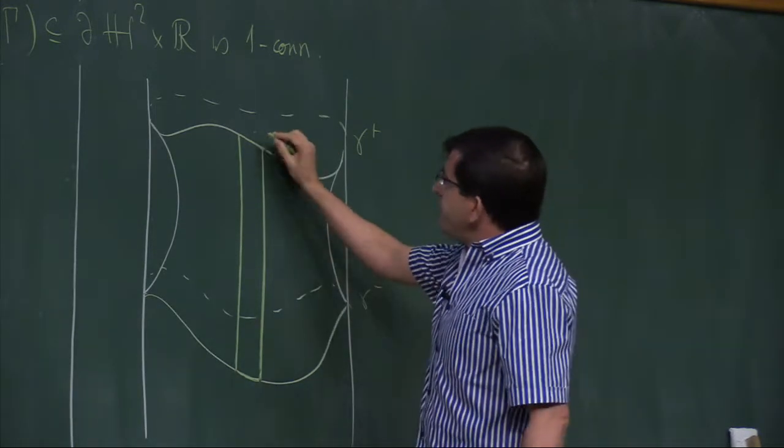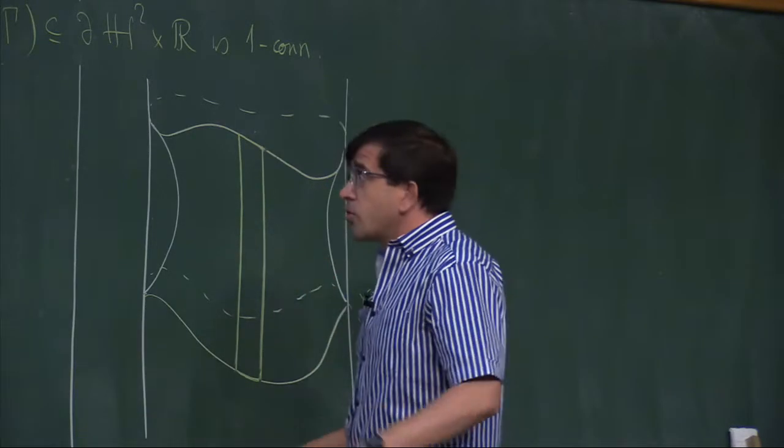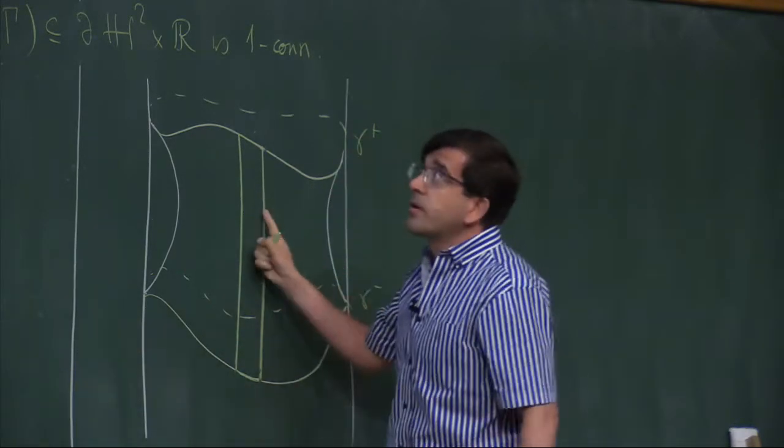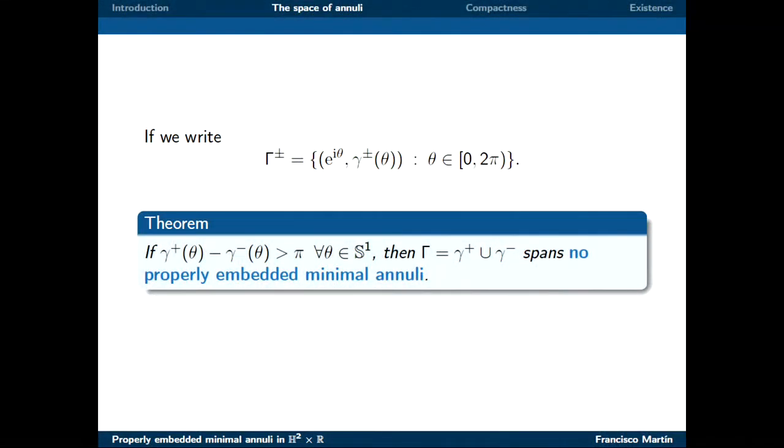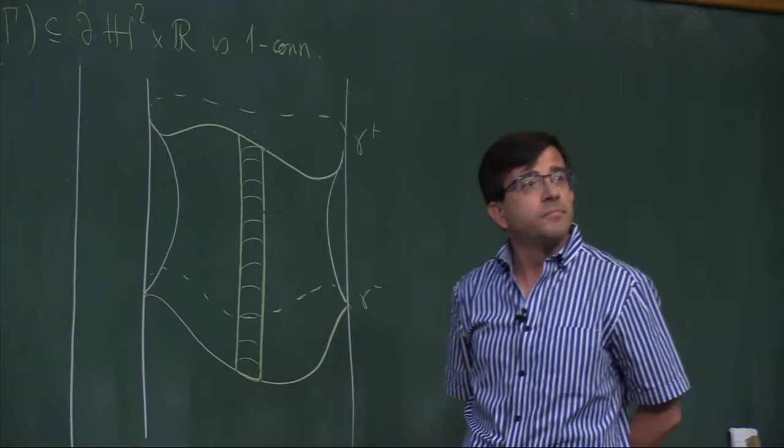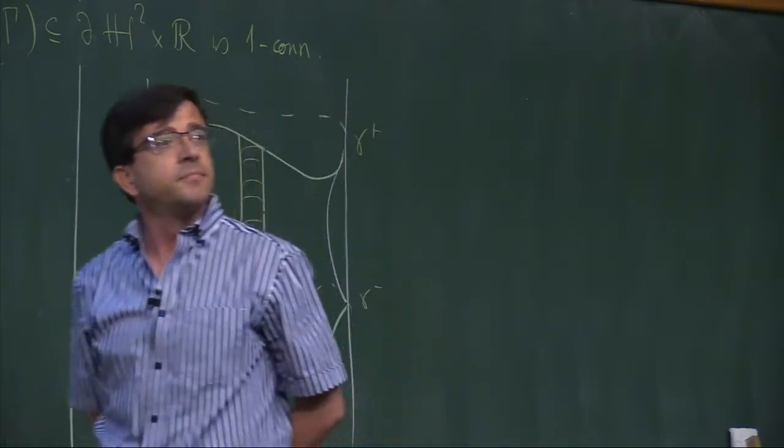So if you start, and then using Coskunuzer's result, this is a tall curve because of the assumption, so you can find a solution of this asymptotic Plateau problem, and it's an area minimizing disk.